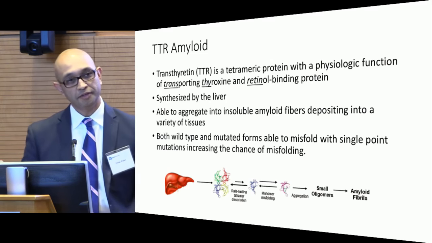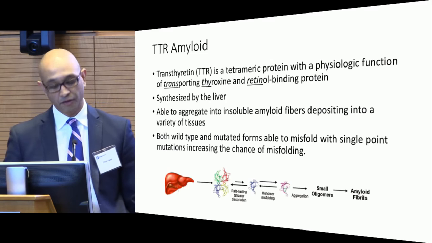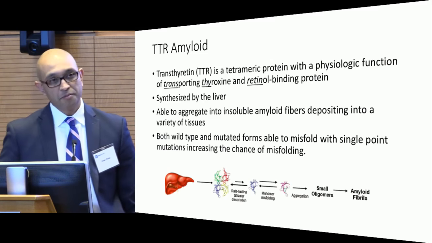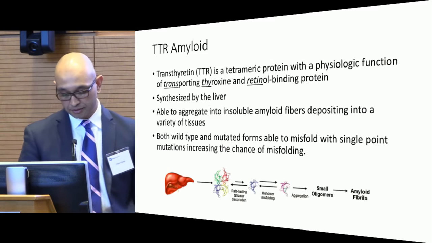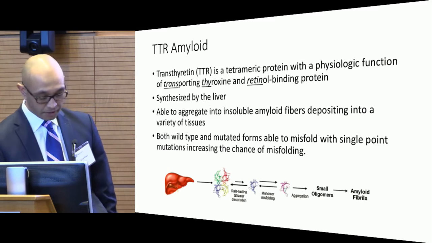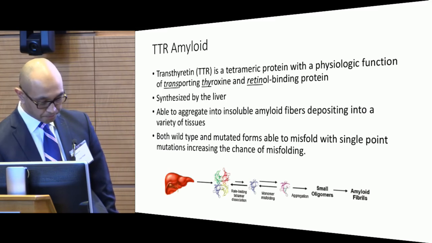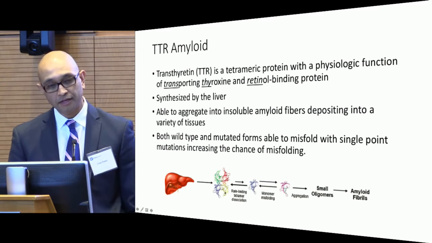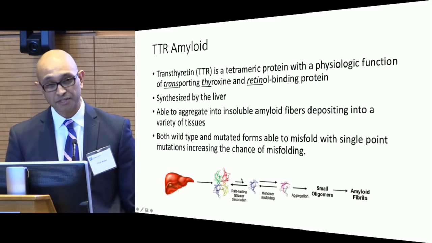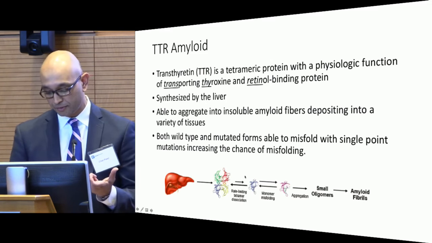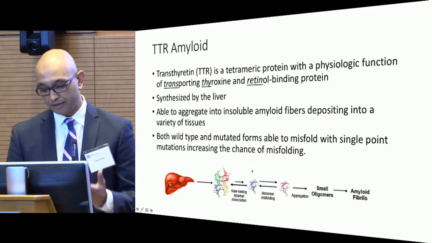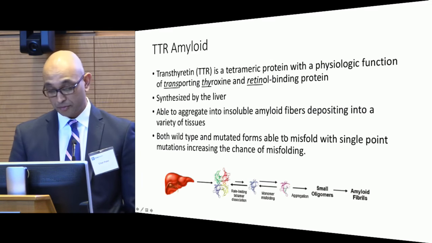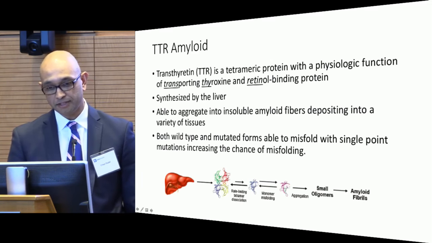Primarily, those tissues appear to be in the nervous system and the heart. Both the wild type and mutated forms are able to misfold along this pathway, which is in the schematic down here. Generated in the liver and moving along, it forms a tetramer, which then can dissociate and then misfold into proteins that aggregate into smaller oligomers and then fibrils that deposit into various tissues.